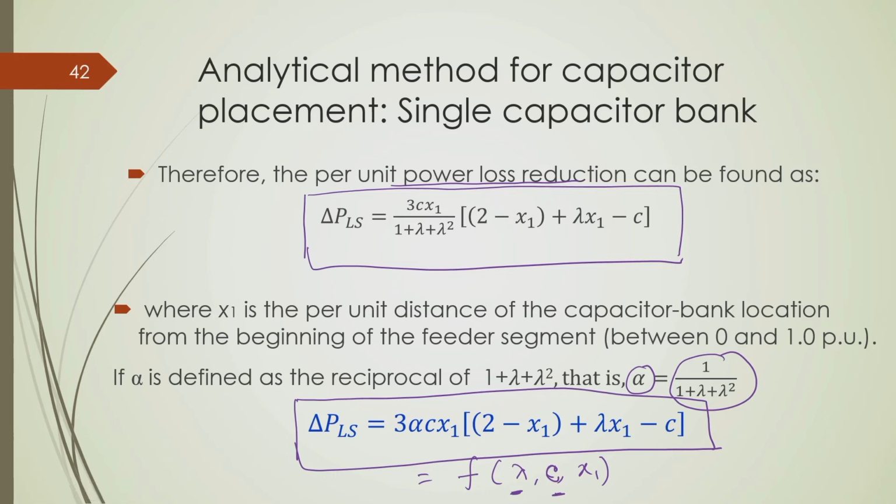Okay. All right. Because even alpha is also a function of lambda, so this particular expression is only a function of lambda and c. Now, by varying lambda and c, we will vary the characteristics.